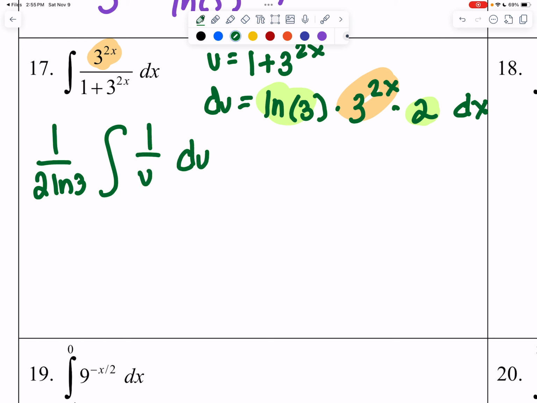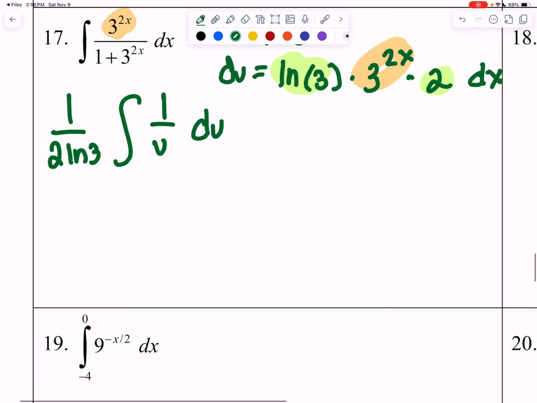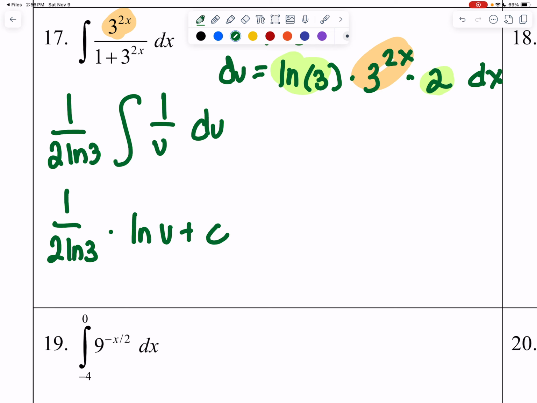And then I have the integral of 1 over u du. So then I have ln of u plus c.